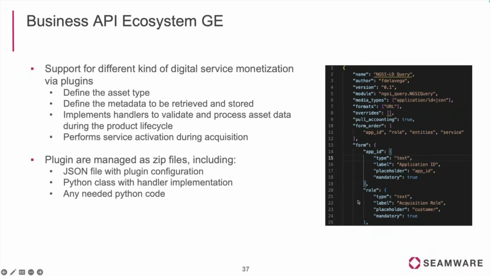Basically, the information that you are going to provide is the name of the service specification type you are defining, the module, which will be a Python path to the class that is implementing the plugin class, the types that you load, whether this is going to be a URL, whether you are going to be allowed to upload a file, etc. And then the form information, which is where you define what metadata the particular provider that is registering a service needs to provide.